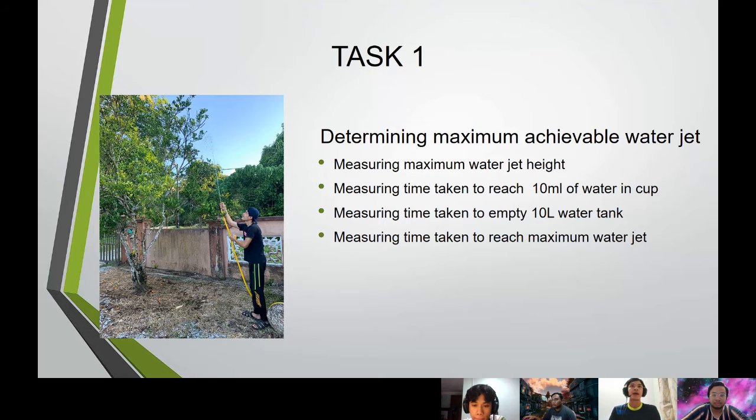So I basically measured the time taken for each of the tasks.